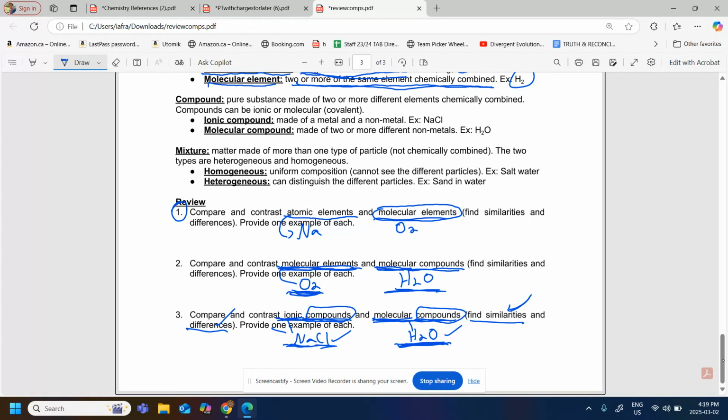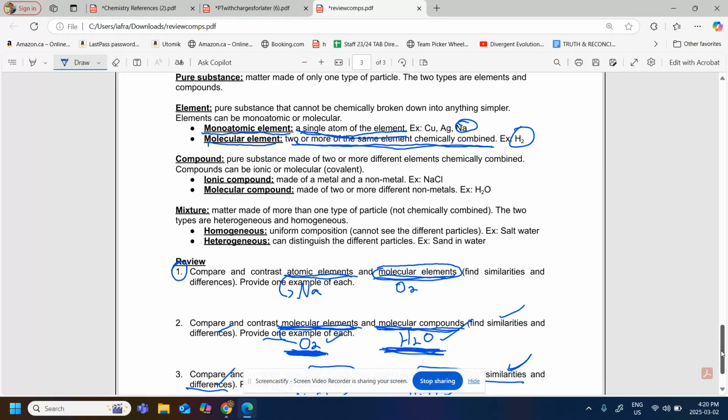Same thing here. Molecular elements and molecular compounds. I mentioned a similarity, nonmetals only connected together. I mentioned a difference. Here for the molecular element, it is the same nonmetal. For molecular compound, different nonmetals. I gave an example of each, O2 and H2O. For number 1, same thing. I found some similarities, differences, and gave an example of each. So I mentioned that they're both elements.